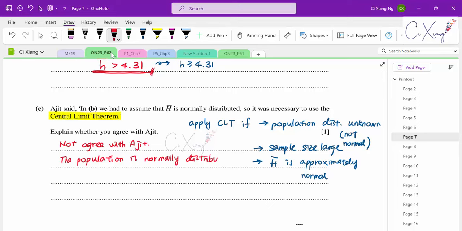Therefore, the sampling distribution, or the X bar, is approximately normally distributed as well, regardless of the sample size.